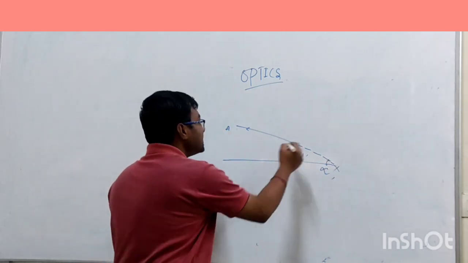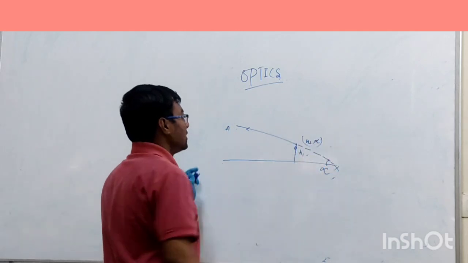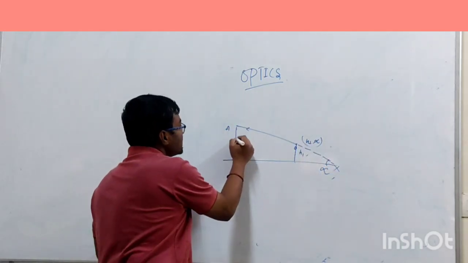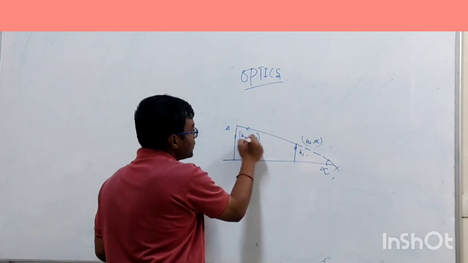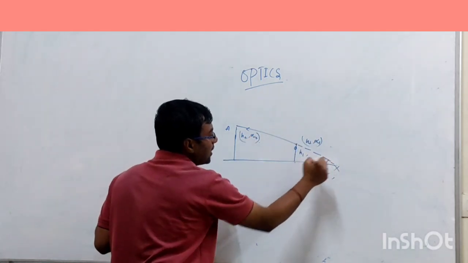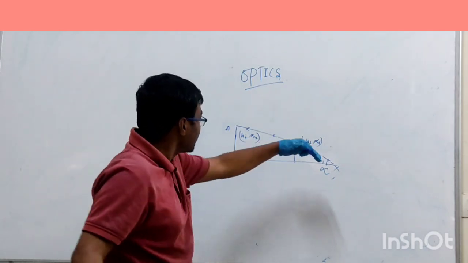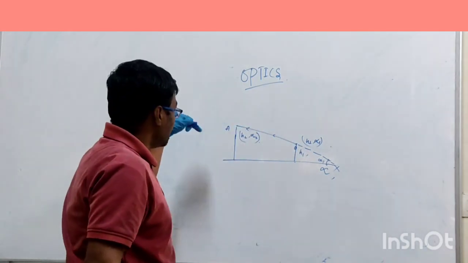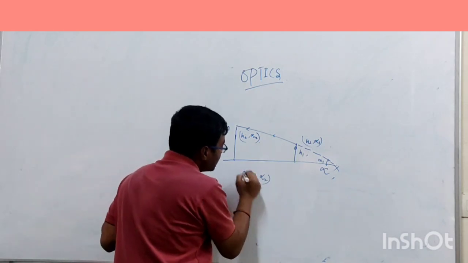So we can represent the O point as h1, alpha. Similarly, we can represent this point as h2, alpha 2. For that case also, only one ray is going, so its direction is not changed. So we can say that alpha 1 equals alpha 2.